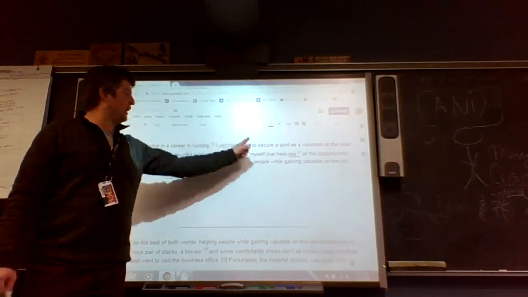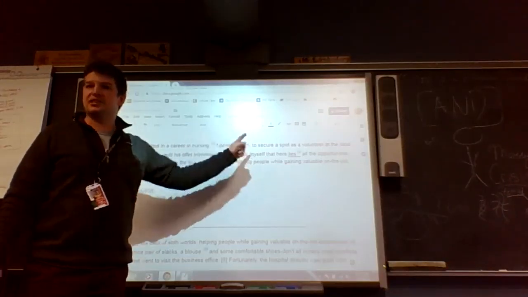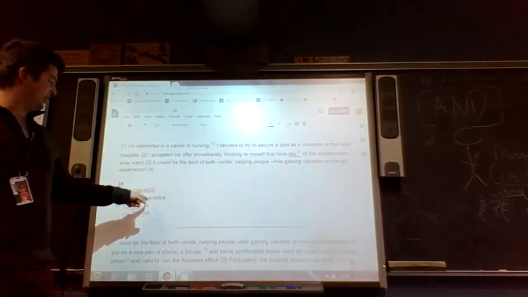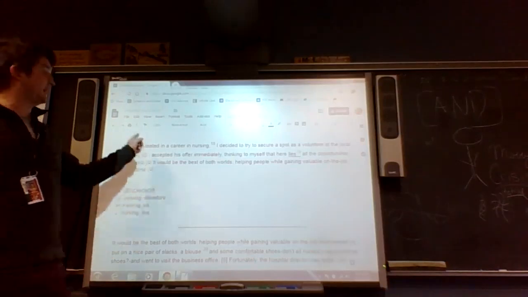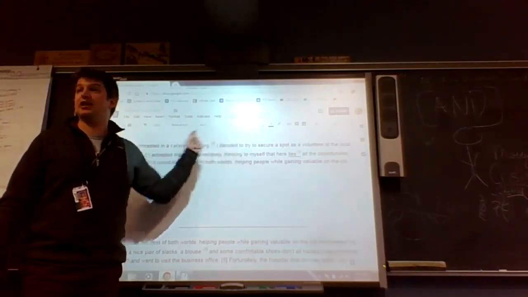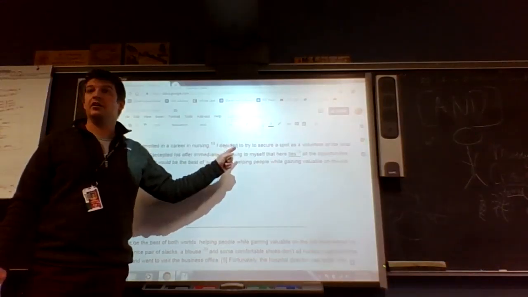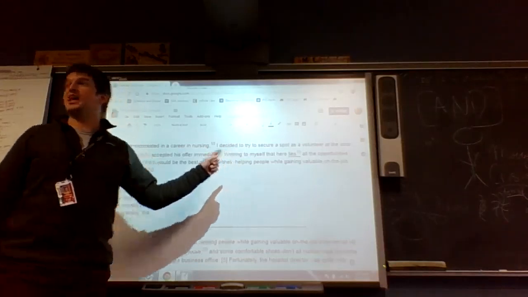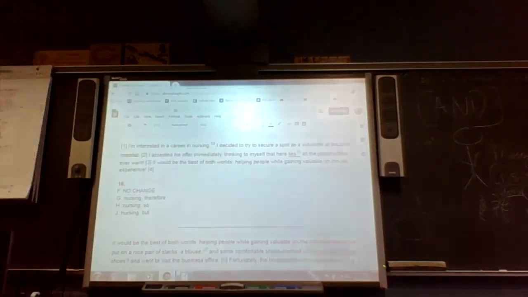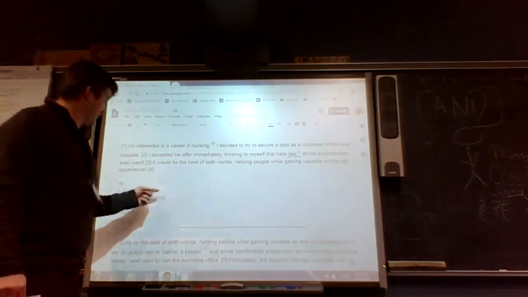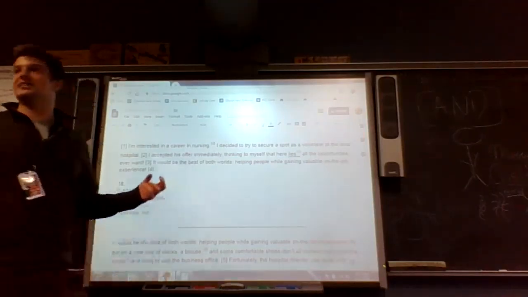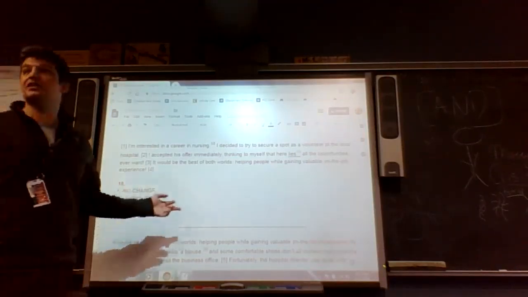Right. There's no contrast between these two sentences. So we're locked into therefore or so, right? Because these two sentences have what type of relationship with one another? Cause and effect. So because I know that these two sentences are cause and effect, I know that we should have a therefore or so. Now I need to decide which one, G or H, is appropriate.